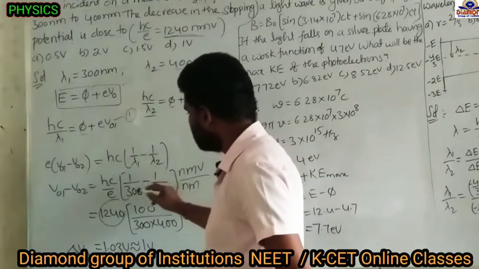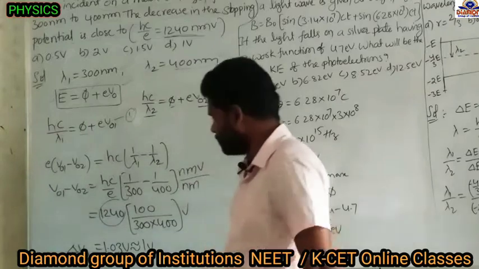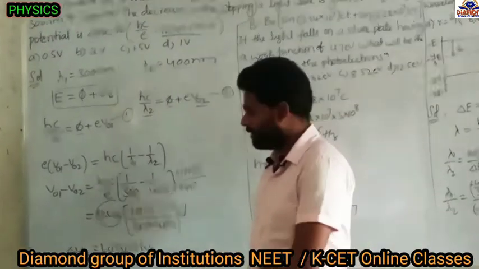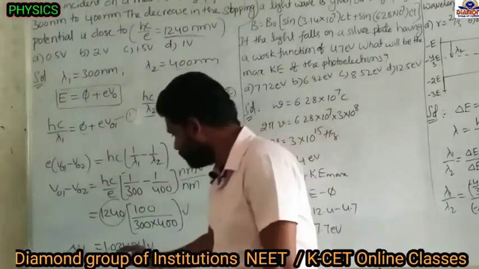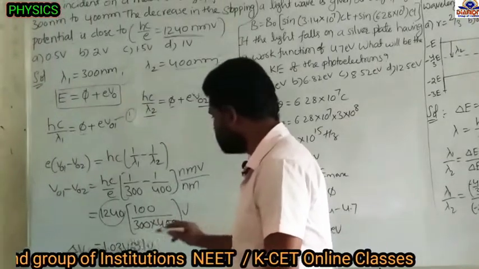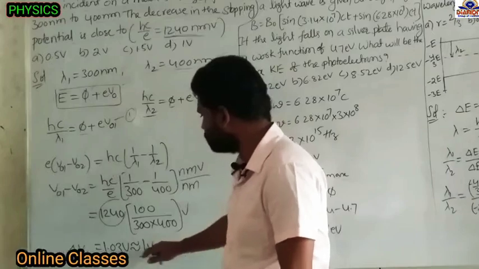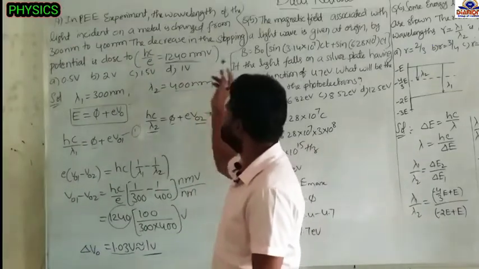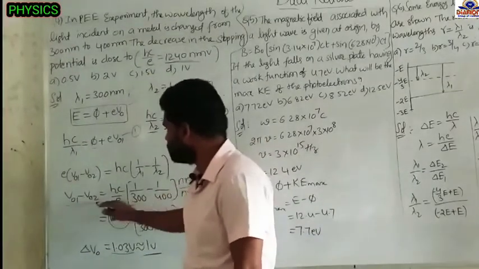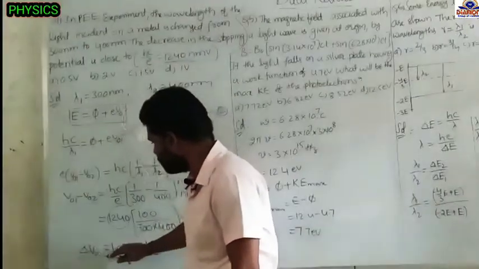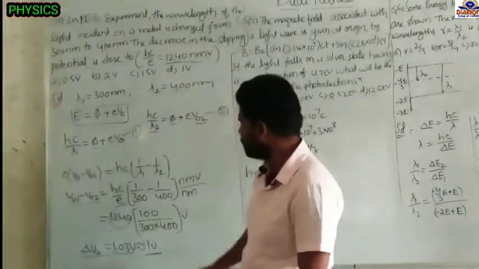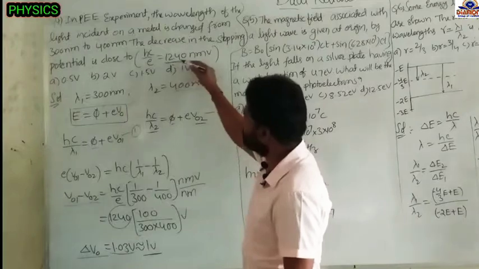So lambda 1 value 300, lambda 2 value 400 is substituted and do the LCM and simplify it. We will get almost 1.03, unit is the volt. So 1.03, nearest value here is 1 volt. So this decrease in the stopping potential, V01 minus V02, nothing but the decrease in the stopping potential delta V naught equal to 1 volt. So 1 volt. Very easy question this one.